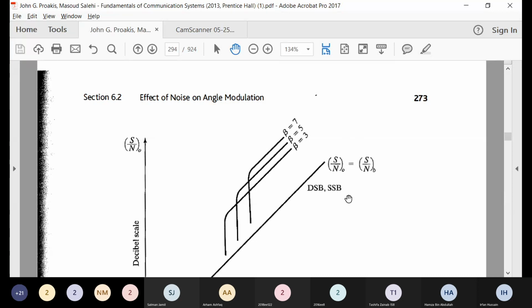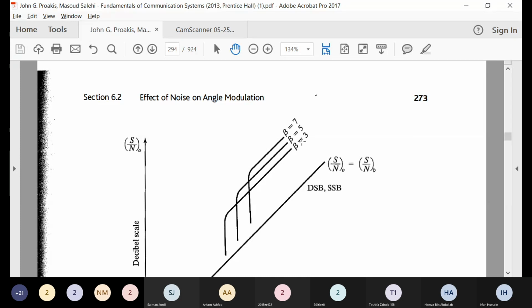For double sideband and single sideband, we have already seen that the signal to noise ratio at the output is equal to the signal to noise ratio at the baseband level. So if you are increasing this, they have a linear straight line relationship because they are exactly equal. A straight line with 45 degrees.